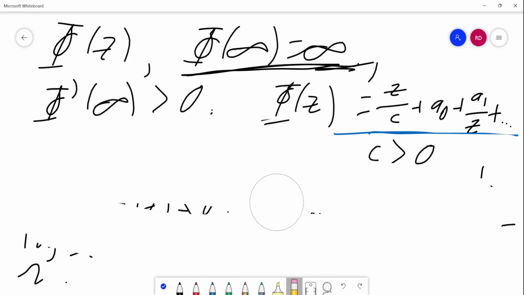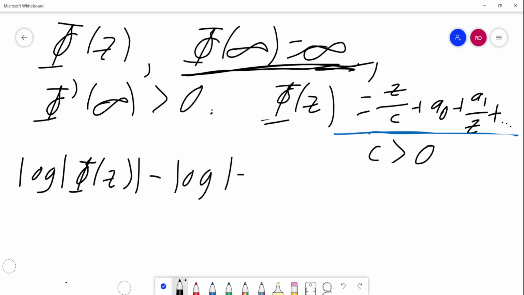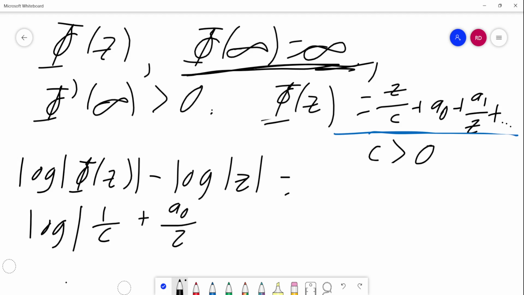What else do we know about this guy? Well, if we did log of phi of z minus log of z, that would give us, using basic log rules, log of 1 over c plus a naught over z plus a1 over z squared plus dot dot dot.